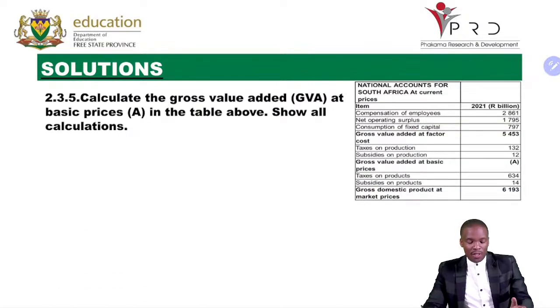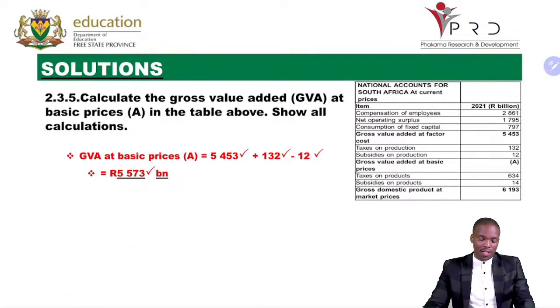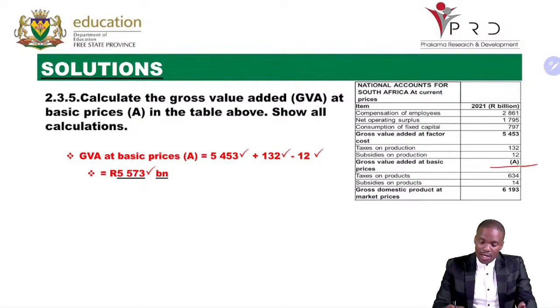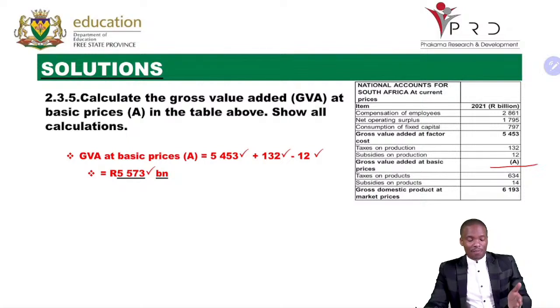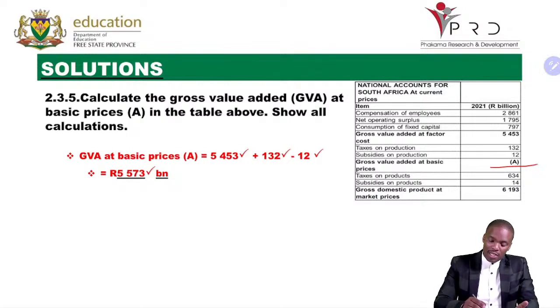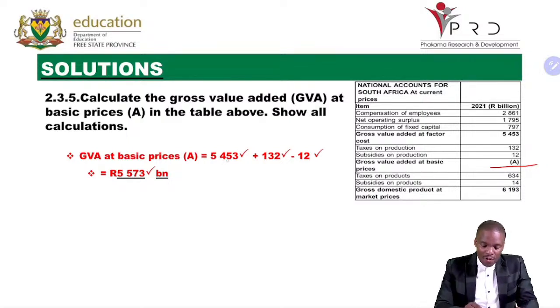Then the last question, as we said already, you've met the requirements of calculating A before it can even be asked. So GVA at basic prices, we said here, it is 5,453.